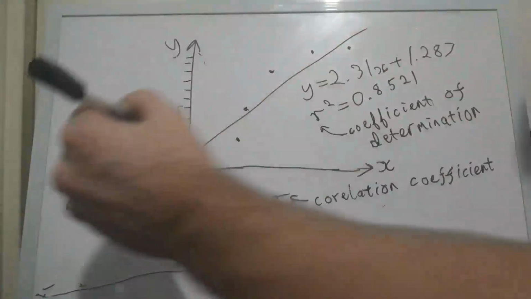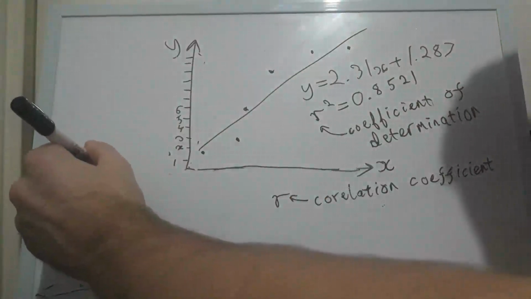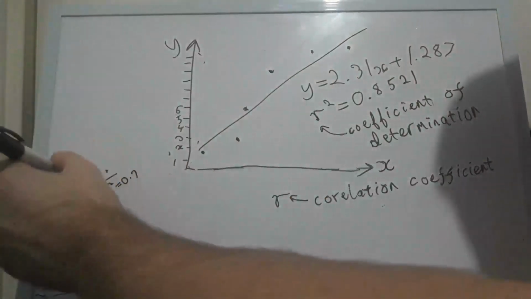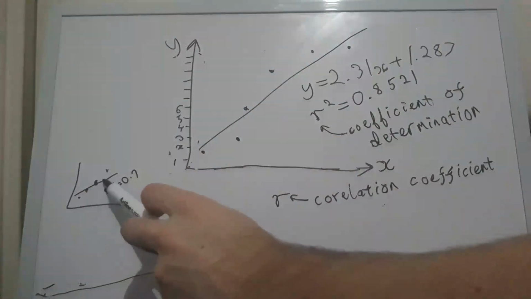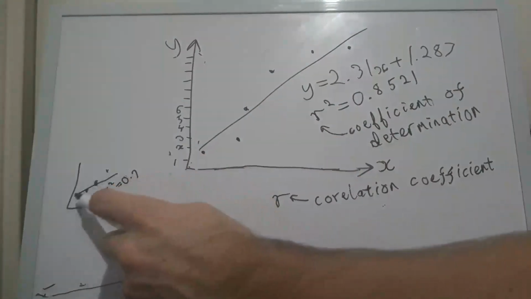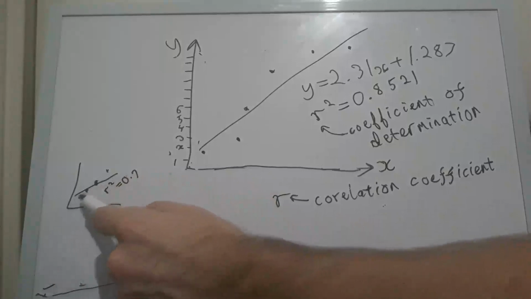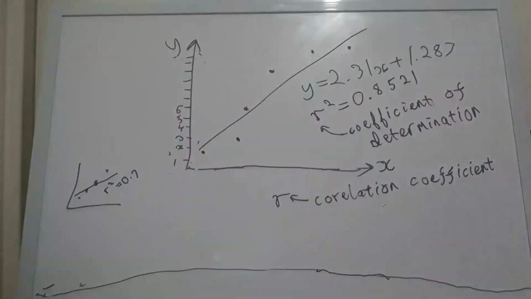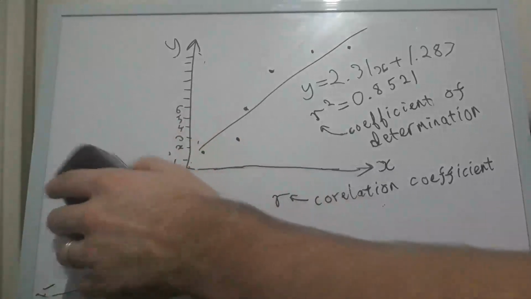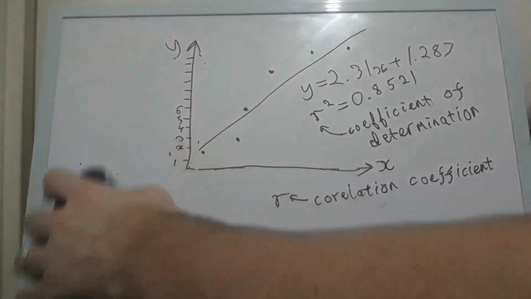But that might have an r-squared value of, let's say, 0.7. Because at those two points, that line is a pretty good guess for what those data points would be. Not so much there and there. So the r-squared is a measure of how well your line is matching the data you've got.